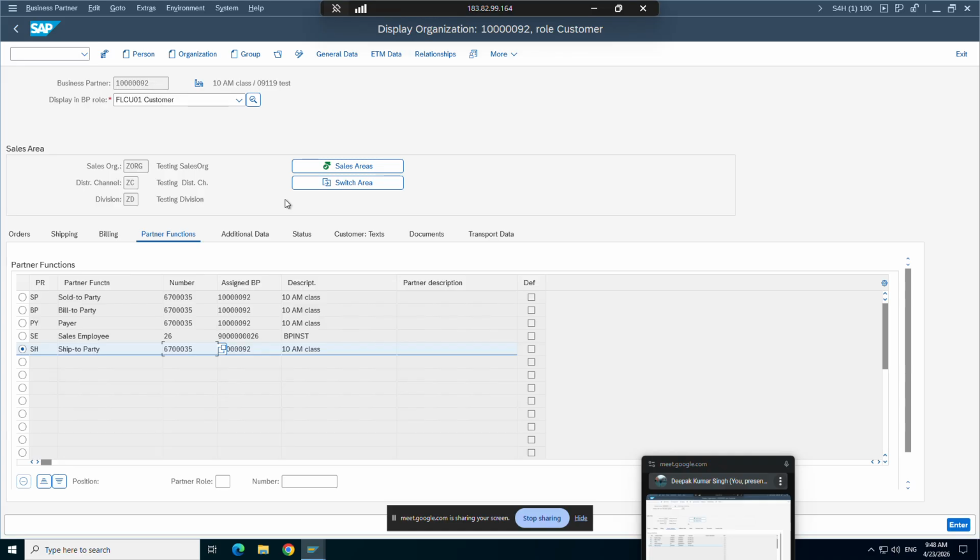And now if I change something in the customer master, after creation of the sales order, I went to my customer master, went to change mode, and changed some data, any data. What do you think? Will that change be visible in the already created sales order? Think logically and tell me what should happen.